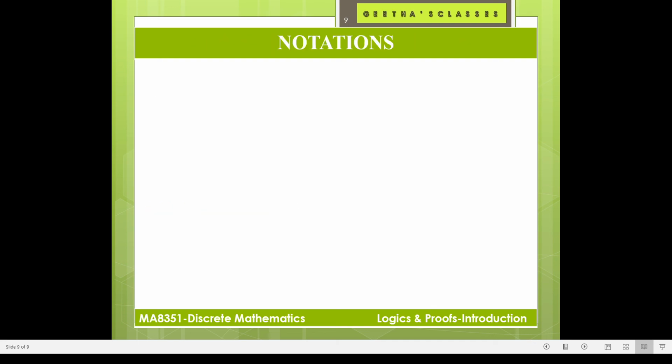Last one is, you are using some notations in this unit.